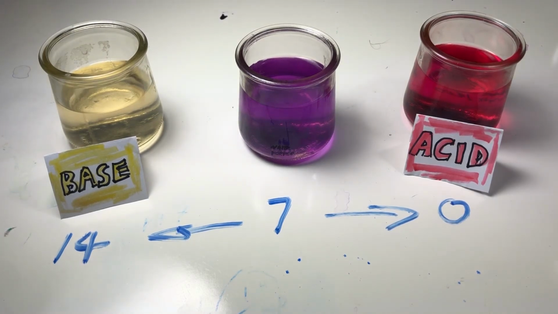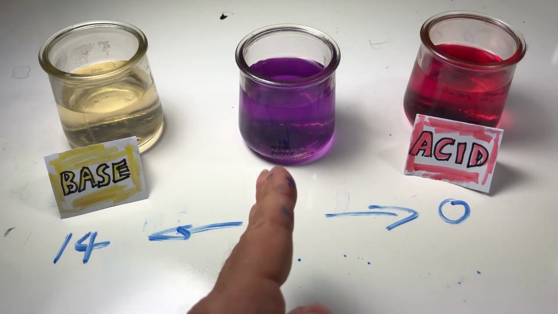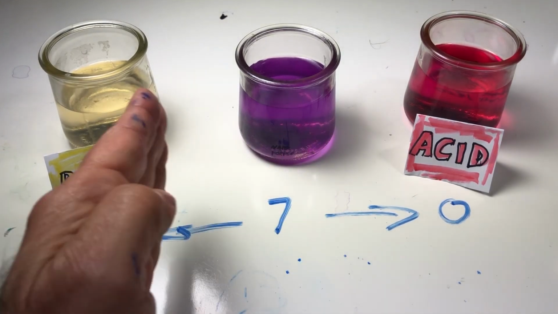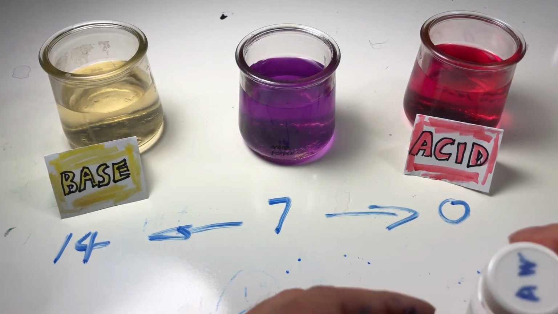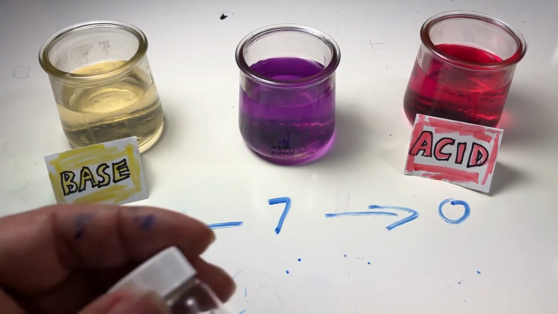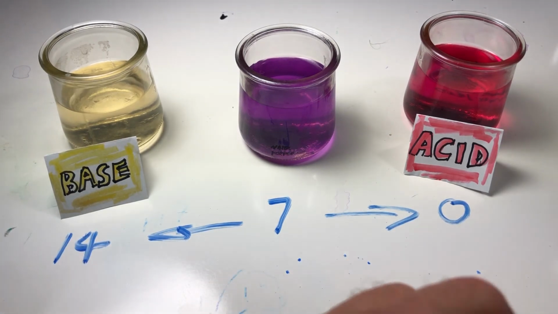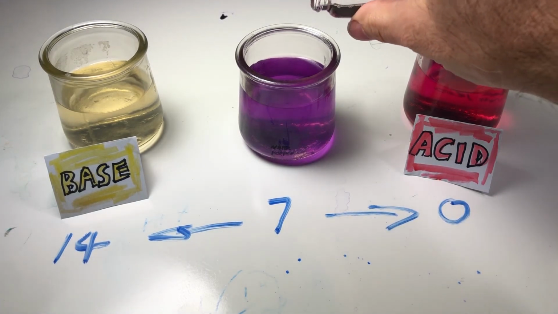But I think what I'd like to do is push this liquid into the base category. Right now we're still neutral. So I do have, this is actually a compound of ammonia. Let's see what happens when I add that compound to the water, which is showing as neutral in purple right now.